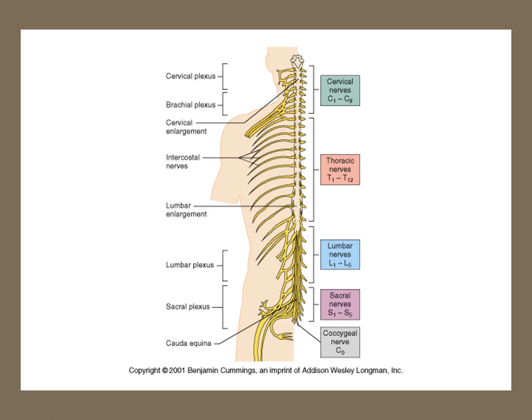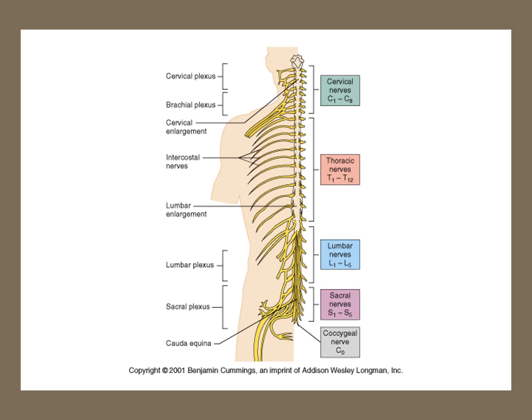So now we're going to talk a little bit about nerve plexuses. And these are just networks of nerves. So we have 4 major nerve plexuses in the body, and they're going to primarily serve the limbs. Now, these are also going to come from the ventral rami, unless you're in that thoracic region.